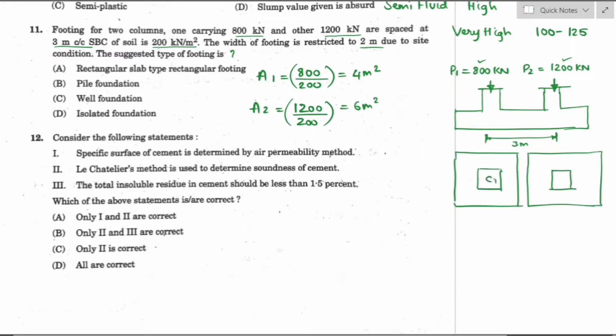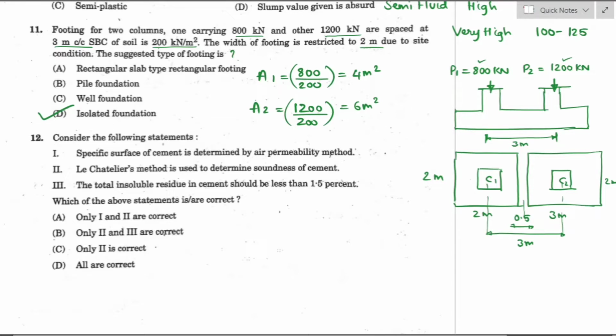So let us provide an area for column 1 as 2 meter by 2 meter, and for column 2, 3 meter by 2 meter. The distance between the columns is 3 meter center to center spacing. Even though we provide this width of the footing, there is a gap of 0.5 meter between these two. So the type of footing best suited for this is isolated foundation. Option D is the right answer.